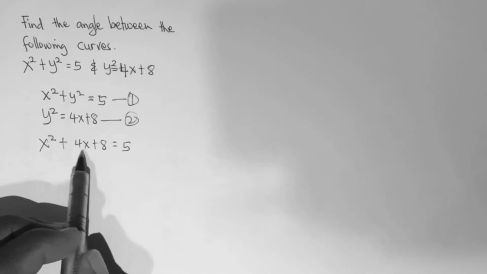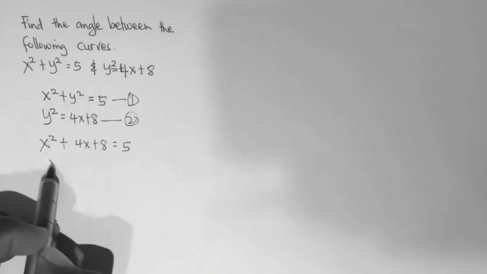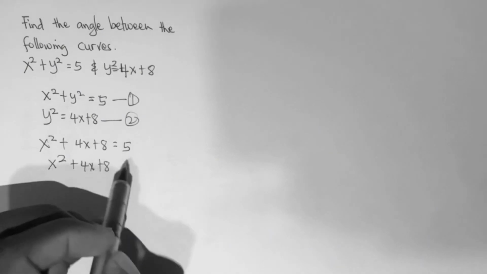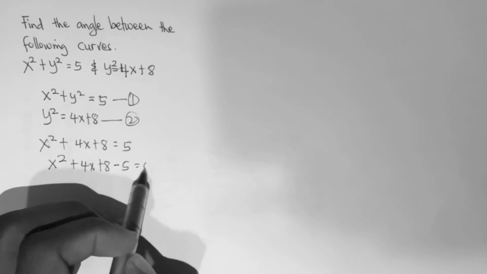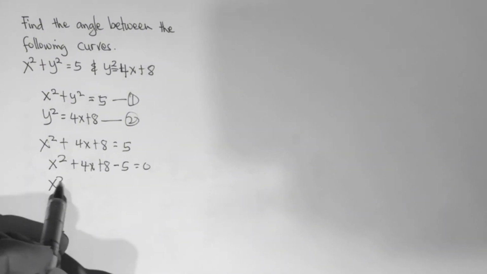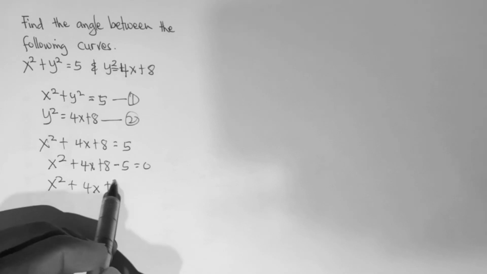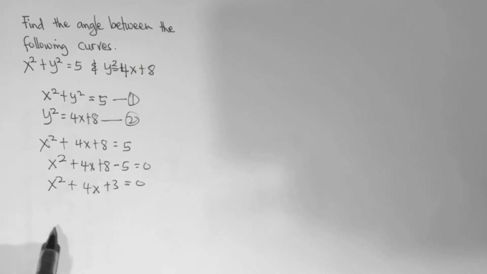So let's bring 5 to the left hand side. It will become x squared plus 4x plus 8 minus 5 equals 0. So x squared plus 4x, then 8 minus 5 is 3, so plus 3 is equal to 0. So this is a quadratic equation.